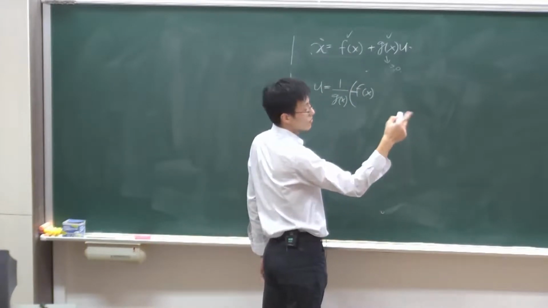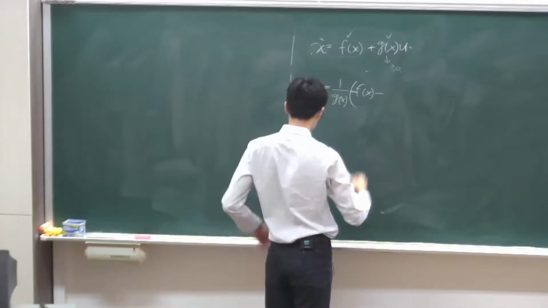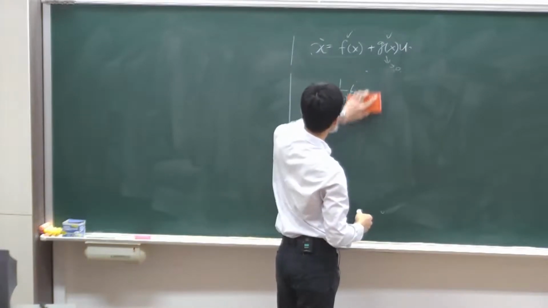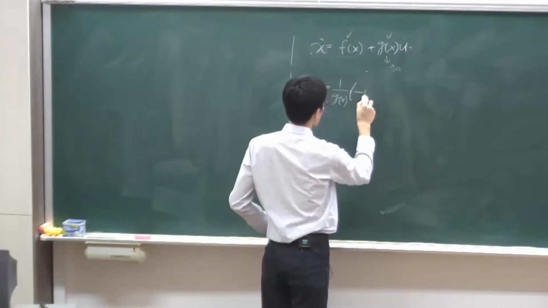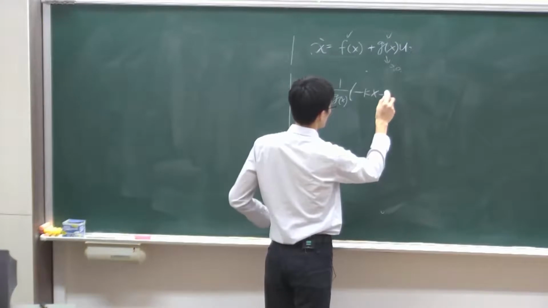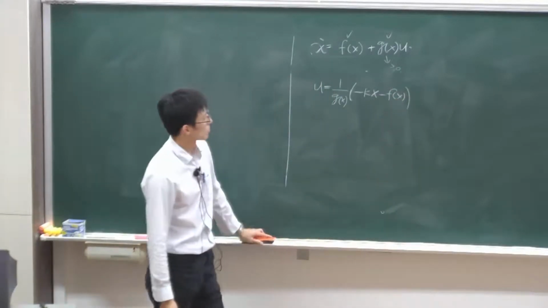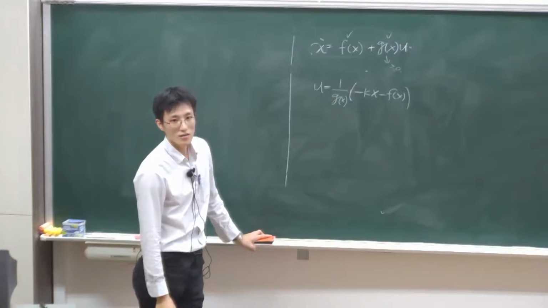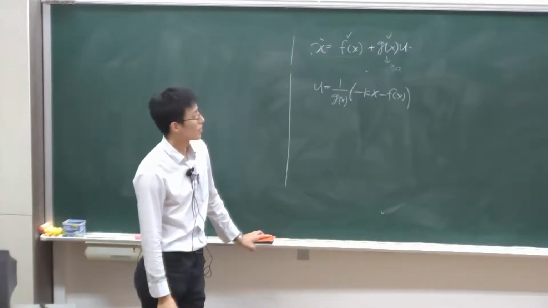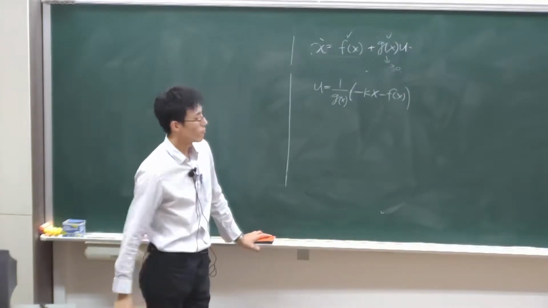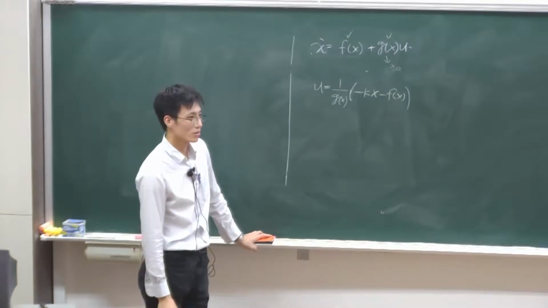And a feedback term minus kx. Right? 对不对? With exact model knowledge. And this is feedback linearization. 对不对?